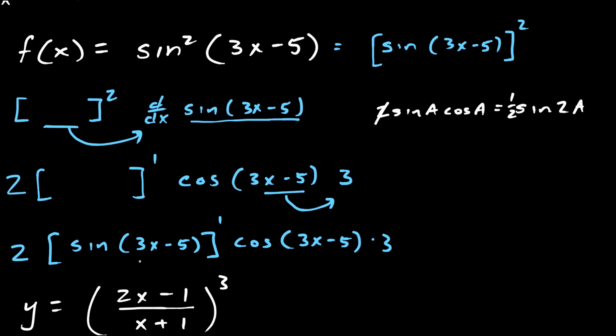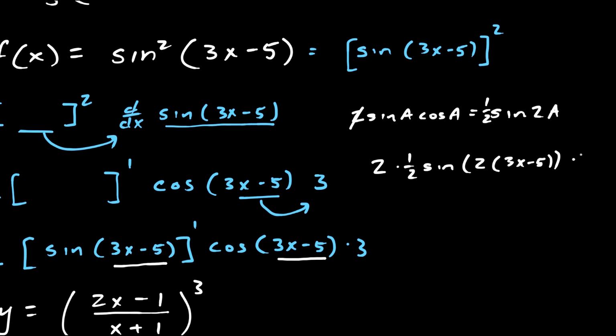So in this case, notice that you have sine of 3x minus 5 and cosine of 3x minus 5. So again, with that 2 right there, we would have 2 times 1/2 of, and then we can just replace this with the sine of 2 times that 3x minus 5.